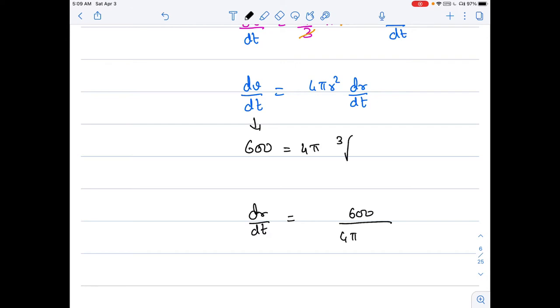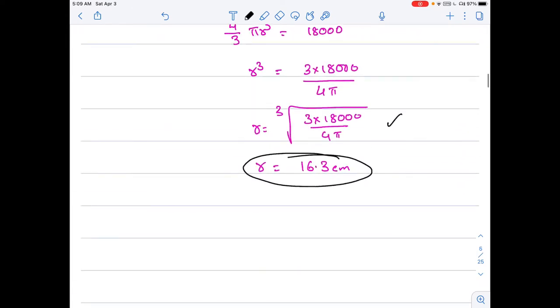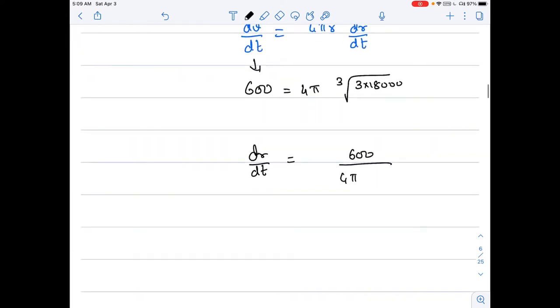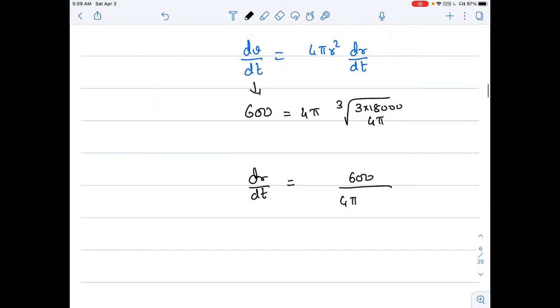The r value was the cube root of 3 times 18,000 divided by 4 pi. So it is 600 divided by 4 pi times the cube root of 3 times 18,000 divided by 4 pi, whole square.